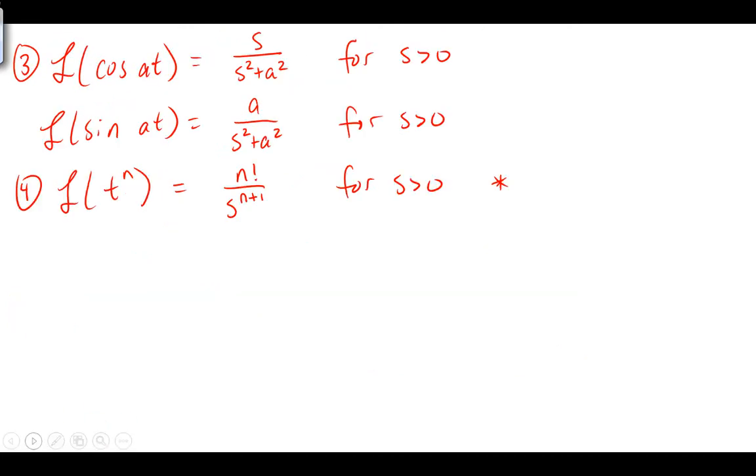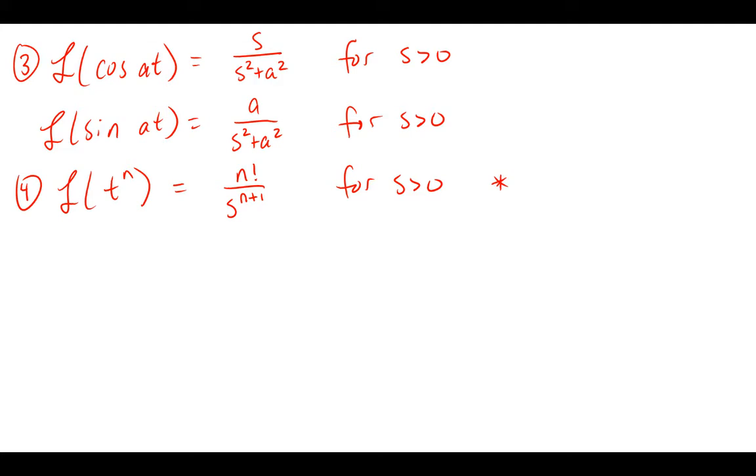I stated these towards the end of the last video: the Laplace transform of our two main trig functions, cosine and sine, and then a polynomial, t to the n. How would you do a transform of that? I think I made a little bit of a guess, and my little asterisk turns out was right. I wasn't totally sure of what that one was, but that was correct.